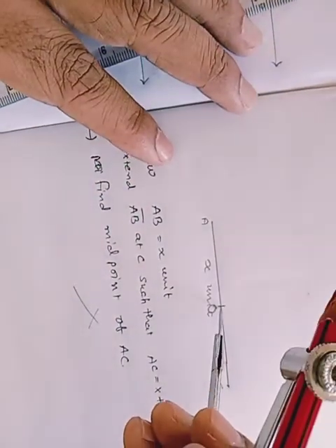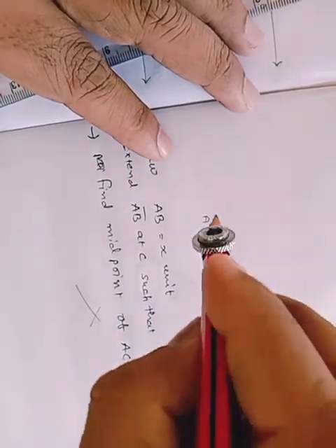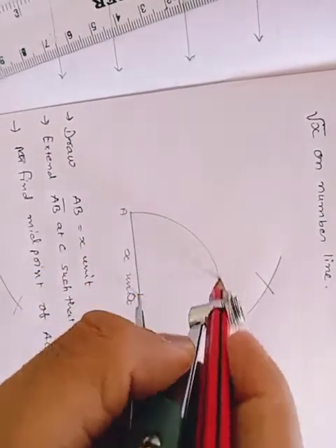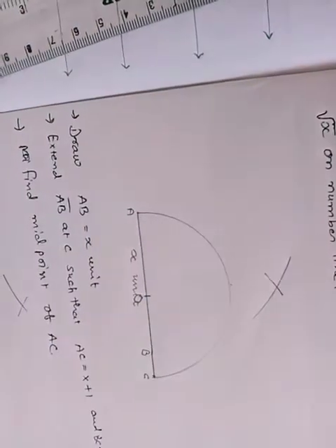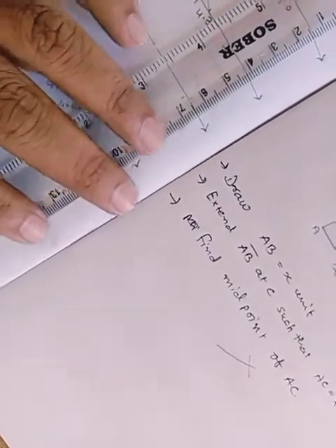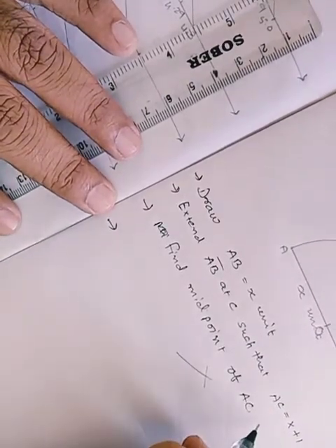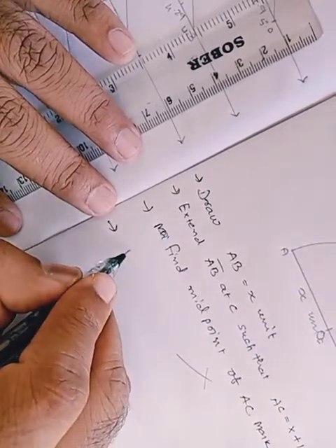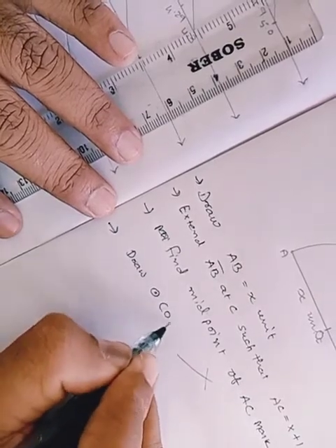Now take OA as radius and draw the semicircle. It is marked as O, then draw a circle with center O and radius OA.